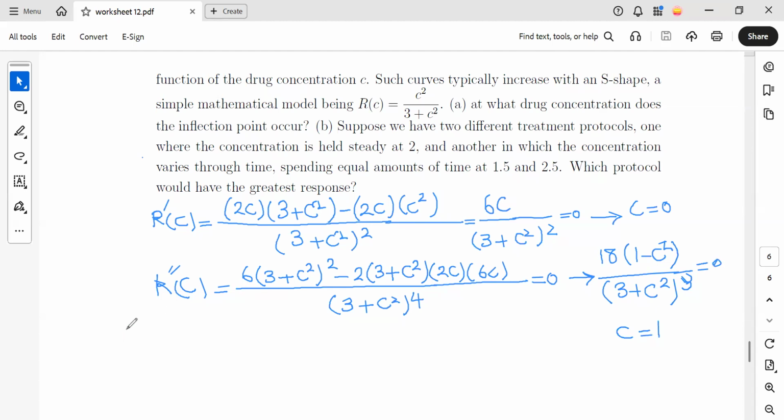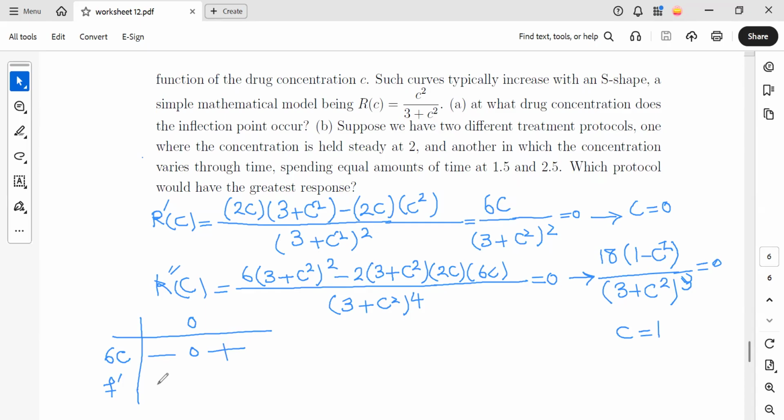So using all this information for 6C, and based on this for f prime, because the denominator is always positive, you don't have to consider that. At 0, you have 0. Before that, negative, and after, positive.